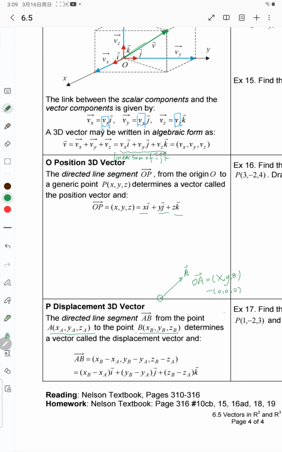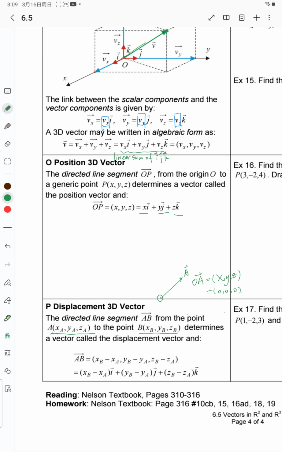And then of course you generalize to a more general statement, like the vector AB between 2 points A and B. It'll just be xb minus xa, yb minus ya, and then zb minus za, right?